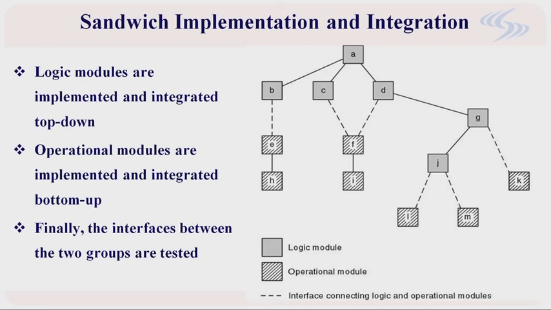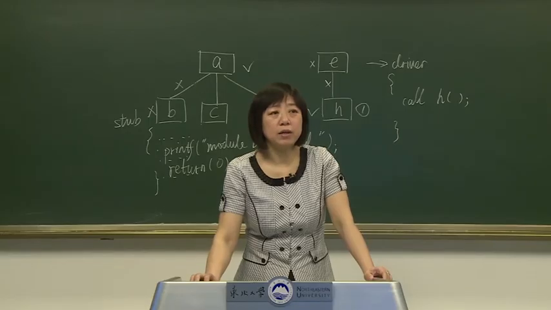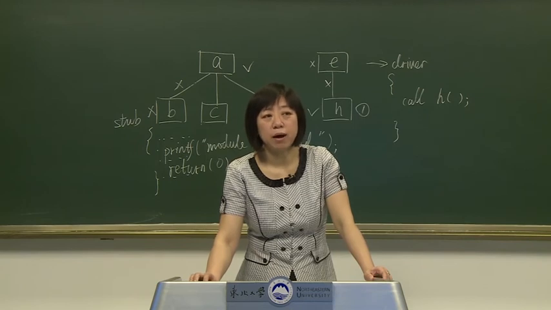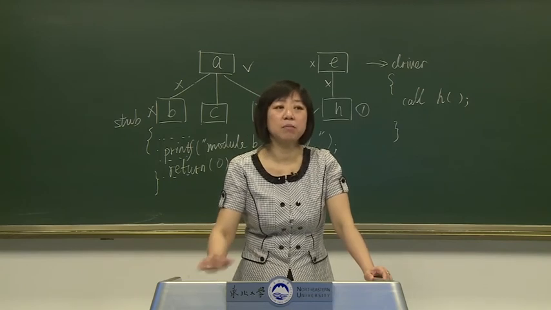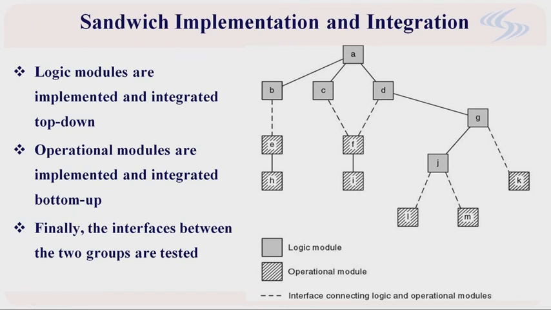Just now, we found that logic modules are suitable for being implemented and integrated top-down. Operational modules will be better if they are implemented and integrated bottom-up. So sandwich implementation and integration is just to try to have logic modules implemented and integrated top-down, and operational modules implemented and integrated bottom-up.